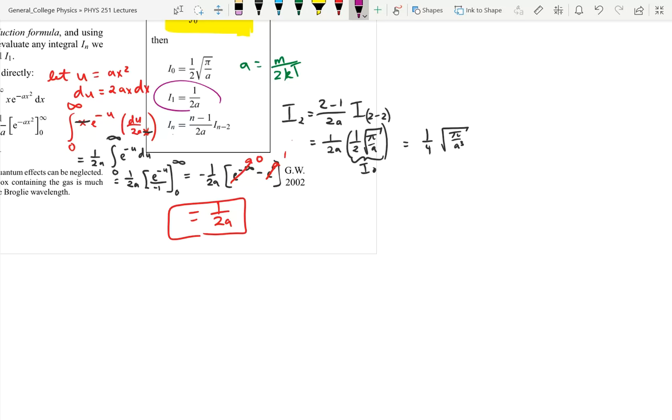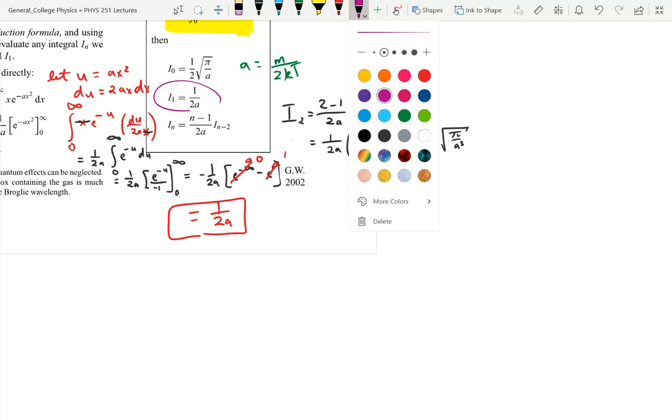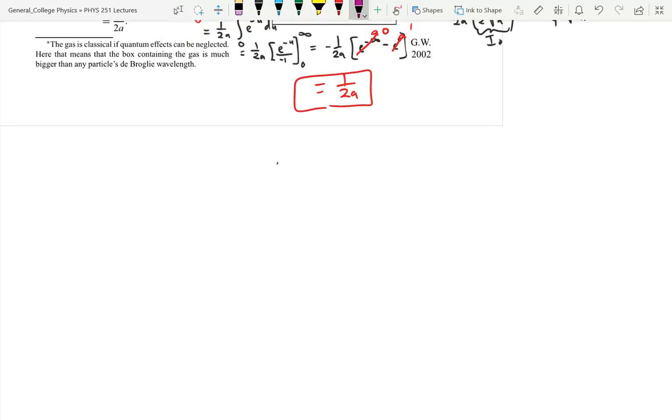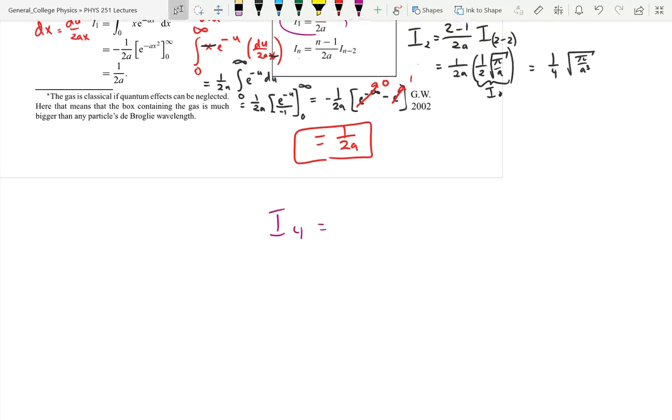Okay, so for I4, I'm using this equation right here.